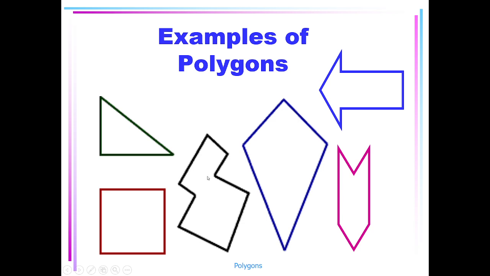Hmm, there are eight sides, and this is a closed figure, so this is also a polygon. This is a four-sided polygon. This looks like an arrow, but this is a closed figure made up of straight line segments, so this is also a polygon. Same with this one.